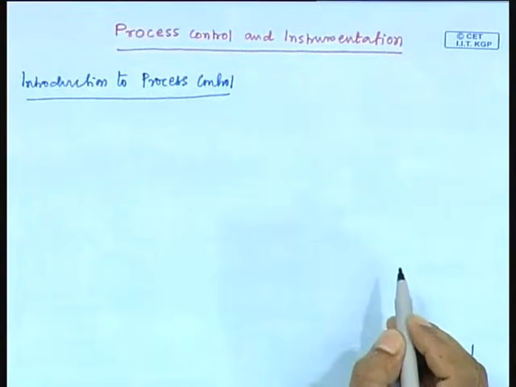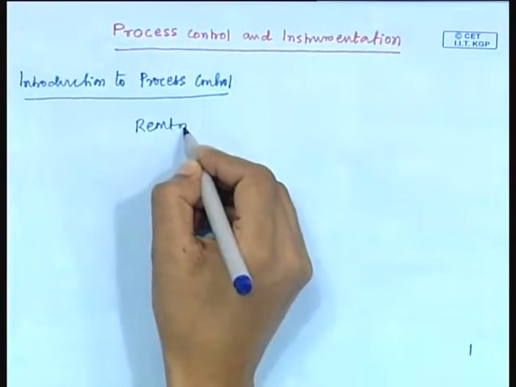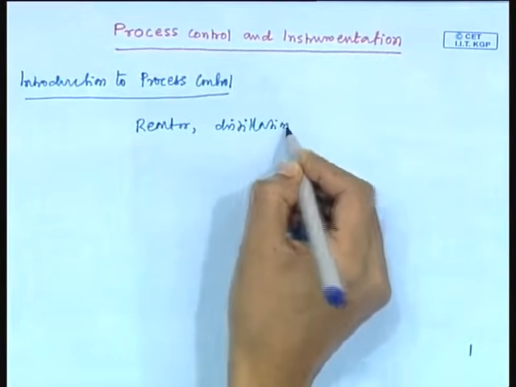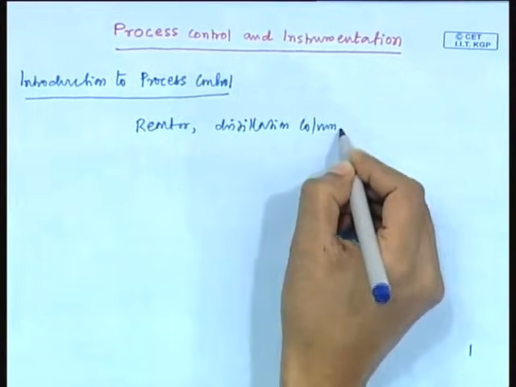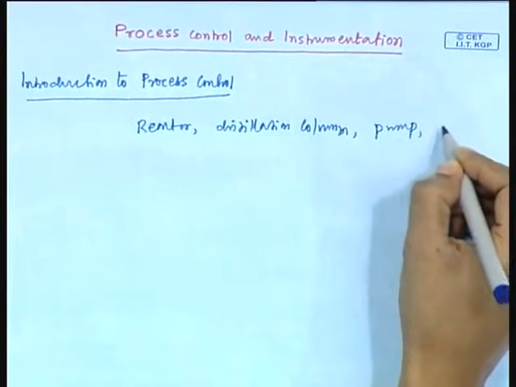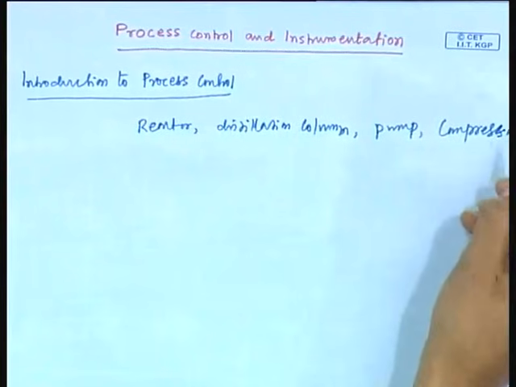Now, in chemical engineering, we have a number of chemical units. For example, reactors, distillation column, pump, compressor, etc. These are the different units which are extensively used in chemical engineering.